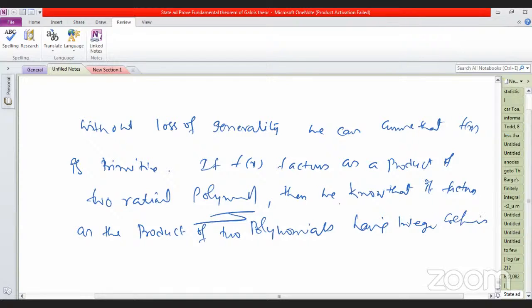So thus we have assumed here, we can take that f(x) is irreducible from the above condition.